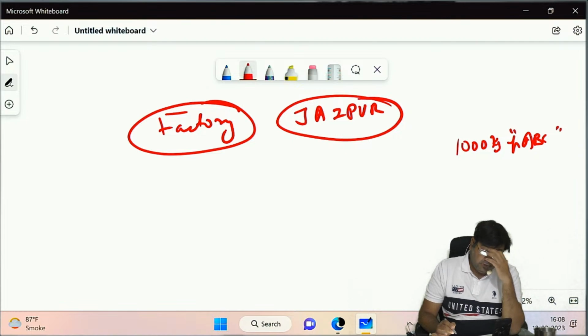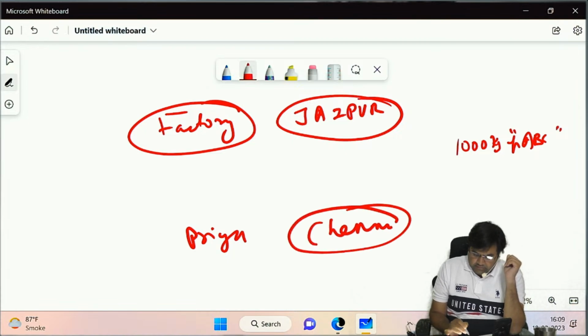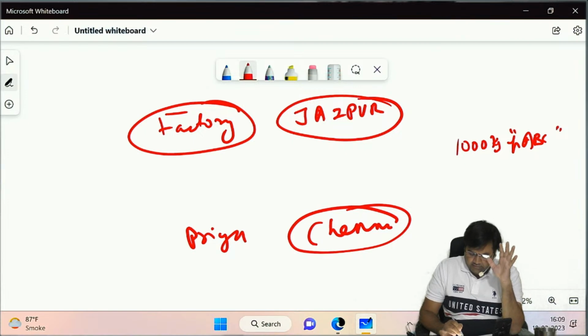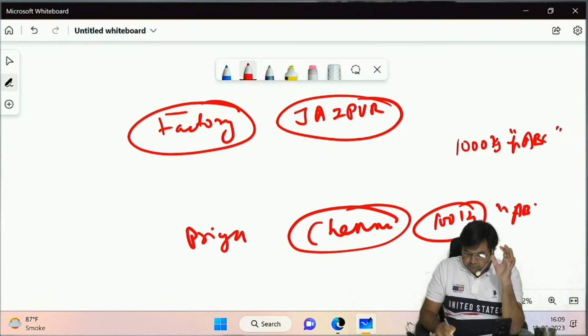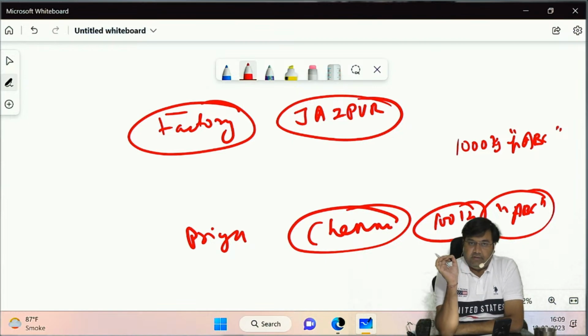So I spoke to Priya. Priya is basically, let's assume, from Chennai. She has this material but only 100 kg. So I asked her, I need 1000 kg.